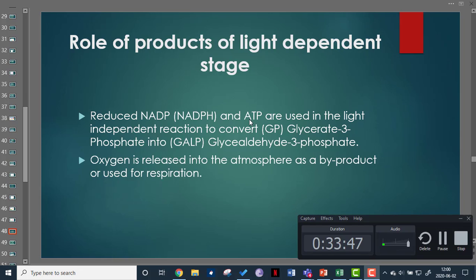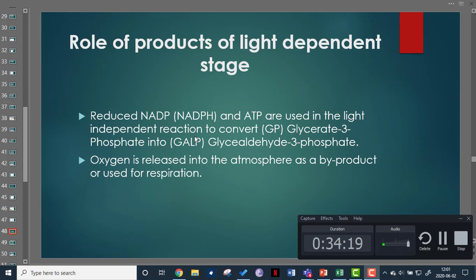I want us to look at this: the ATP that is formed and the reduced NADP from the light-dependent reaction are used in the light-independent reaction in the conversion of glycerate 3-phosphate, which we refer to as GP in short, into GALP. And this GALP is the one that is later used in the formation of the exotic sugars like glucose.